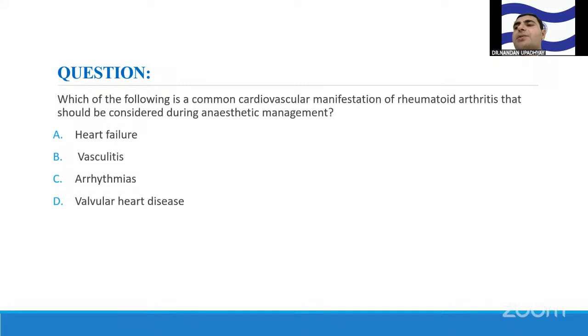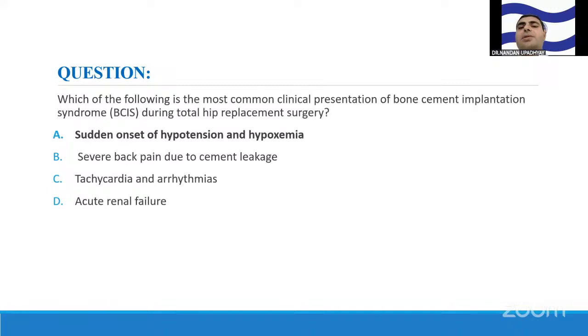Now, any question, Pooja? You have already answered. Which of the following is the most common presentation of bone cement implantation syndrome during total hip replacement surgery?